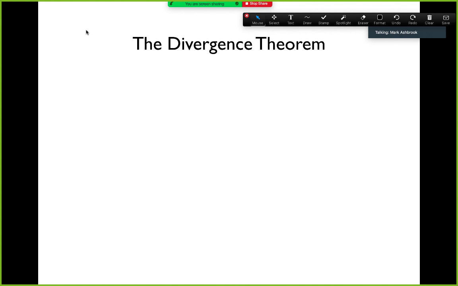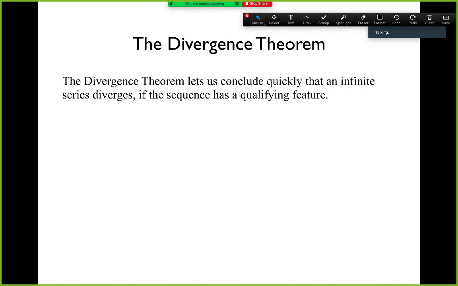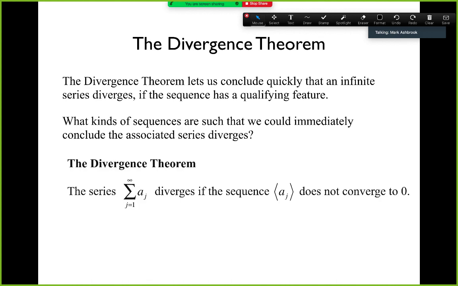When was it that we got the series to converge? When the sequence converged to 0, so that when you're adding them all together, you're adding on a smaller and smaller number, and then essentially 0, and then it could level off, right? So the divergence theorem says that a series will diverge if the sequence does not converge to 0.